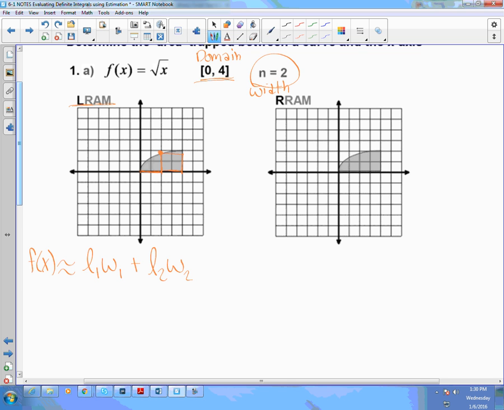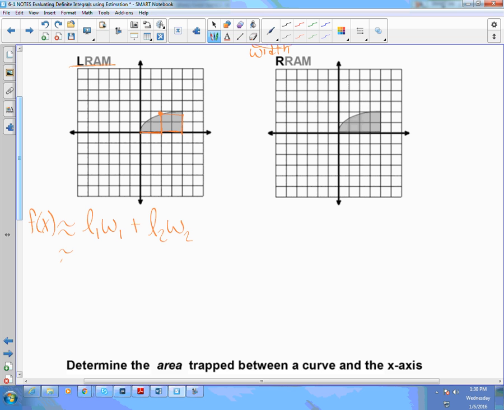So I can factor out my W and get W1, which is the same as W2, so I can just call it W, times L1 plus L2. Can I do that? W1 and W2 are the same. Okay, let's plug in. The width is how much? 2.